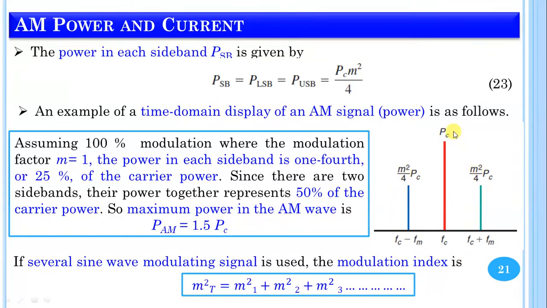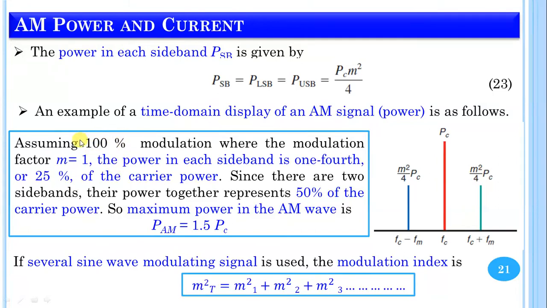As you can see in this figure, this is the carrier power, this is the upper sideband power, and this is the lower sideband power. So we can say the sideband power in the case of AM for USB and LSB is the same. Here you can see the figure with the frequencies Fc plus Fm and Fc minus Fm.